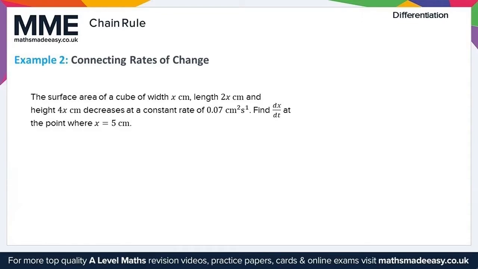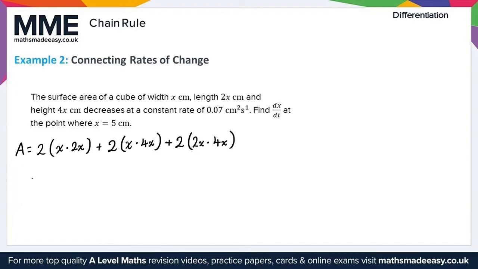To start with, let's calculate the surface area of this cuboid. Let's say A here is equal to 2 lots of x times 2x, plus another 2 lots of x times 4x, and then finally another 2 lots of 2x times 4x.